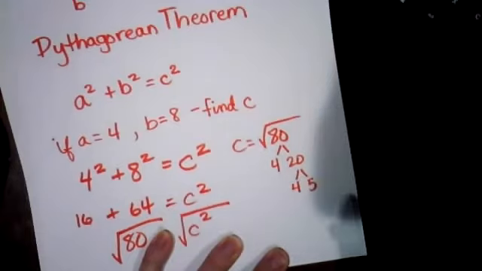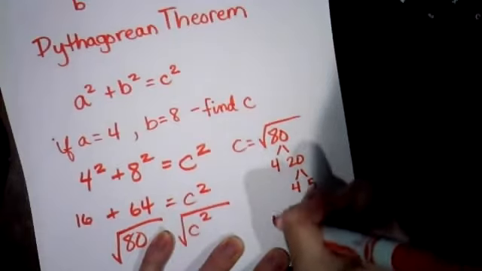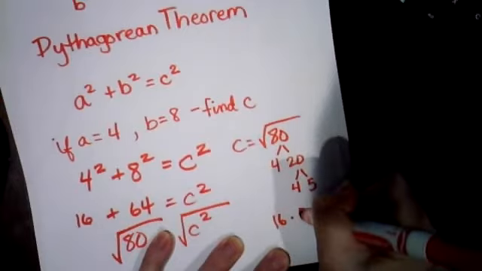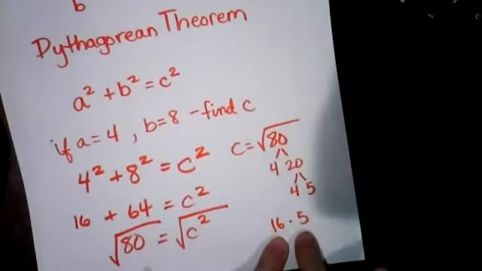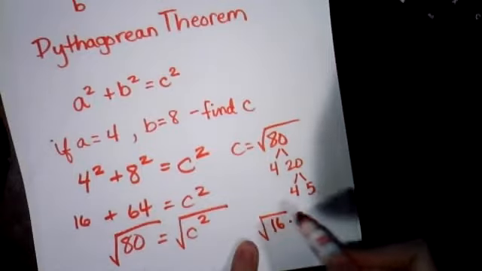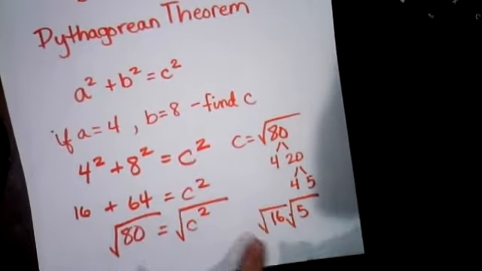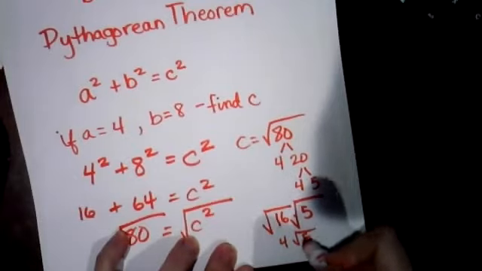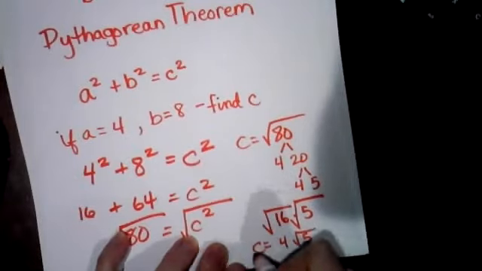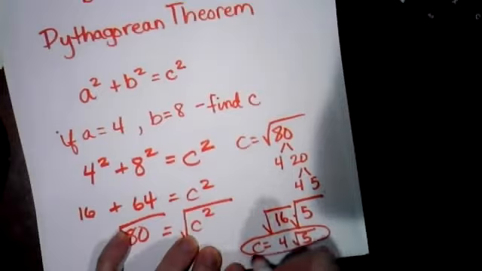Okay, so if you didn't see right at the front, which I didn't, honest, 16 times 5 is 80, right? Okay, so when we have 16 times 5, like this, we are going to go ahead and take, what is the square root of 16? Well, that's 4. So we're gonna take 4 out, and this is our c.